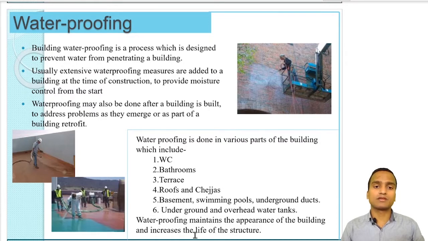Okay, so basically waterproofing has to be done at a few very important and critical points, which are the parts of the building that mainly include the water closet, bathrooms, terrace, roofs and chhajjas, basement, swimming pools, underground ducts, and then the underground water tanks or the overhead water tanks.